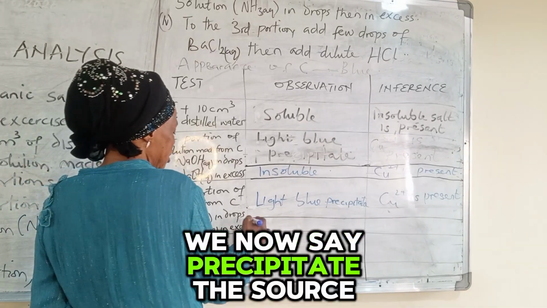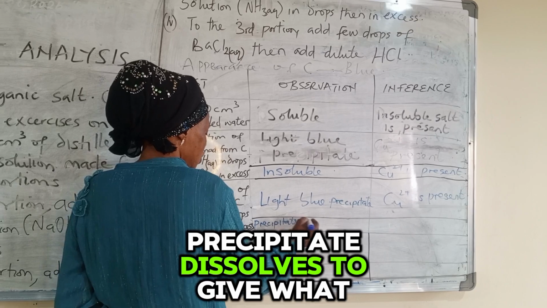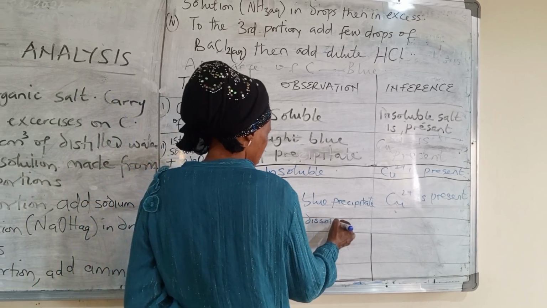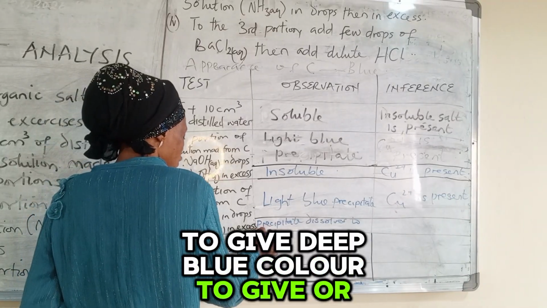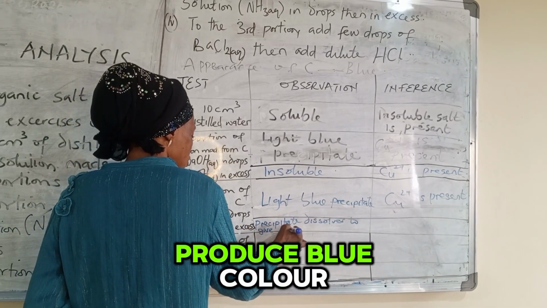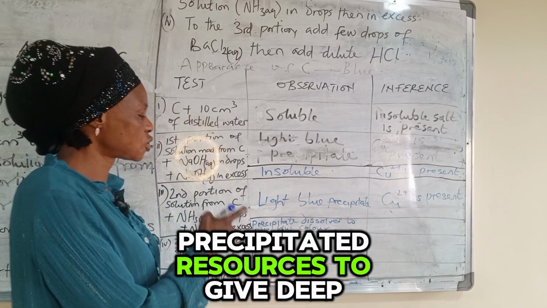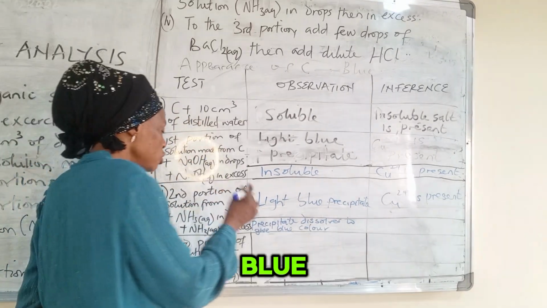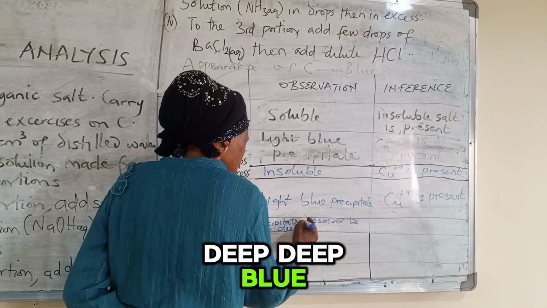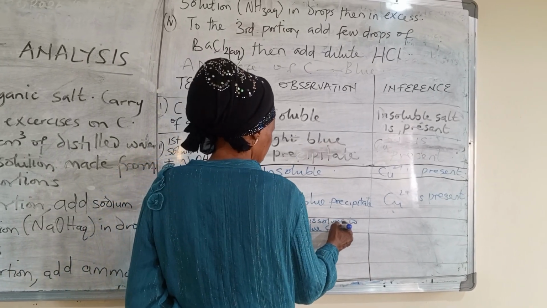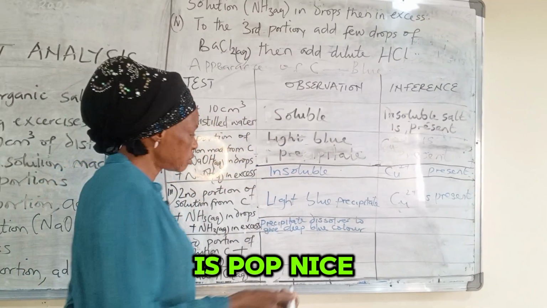You now say the precipitate dissolves to give deep blue color. Deep, it will be darkened. Your C is copper, guys.